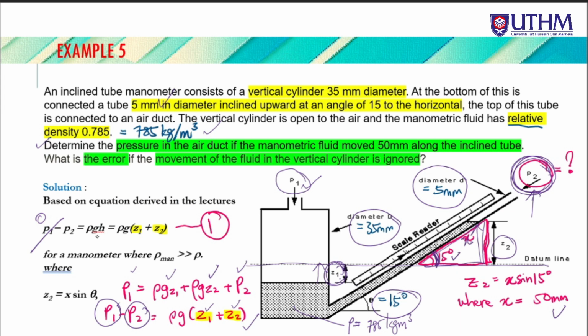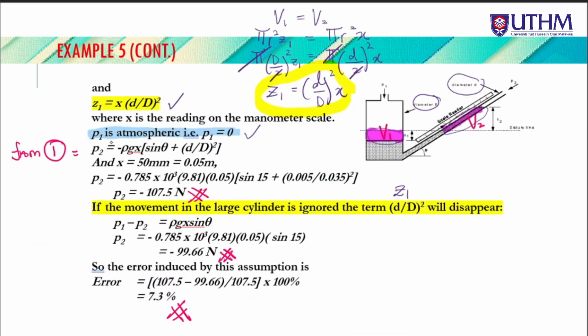So kita ada rho GH equals to P2 equals to rho G (Z1 plus Z2), kan?